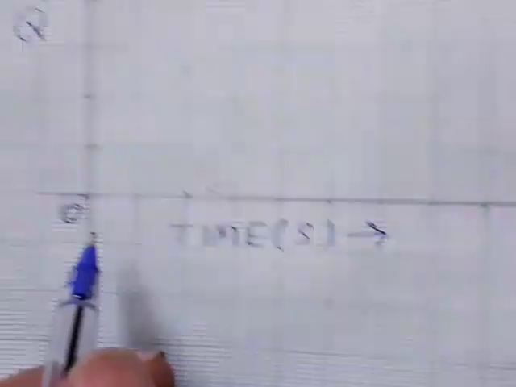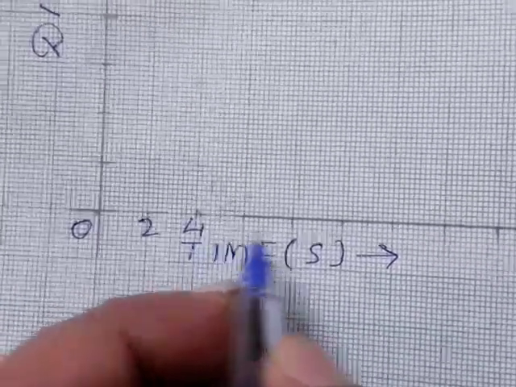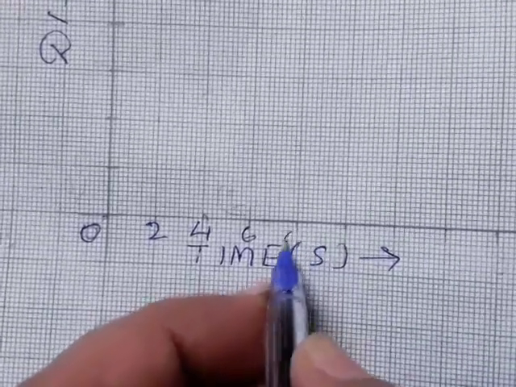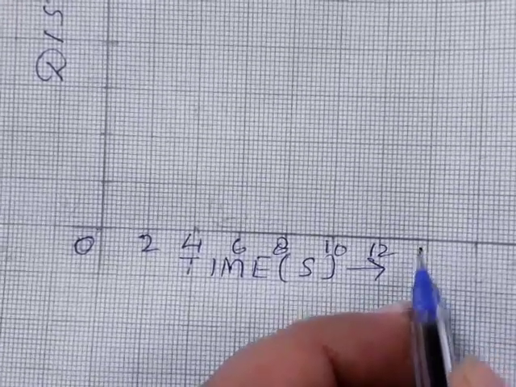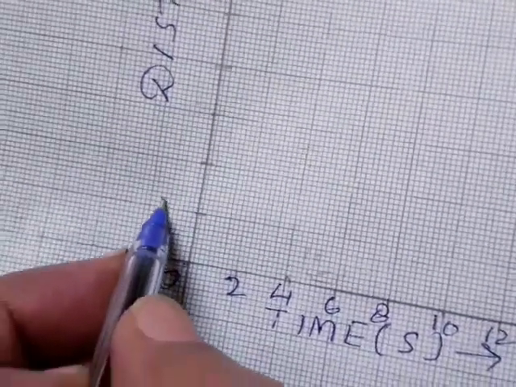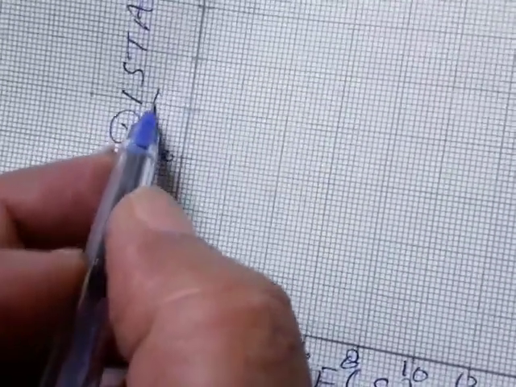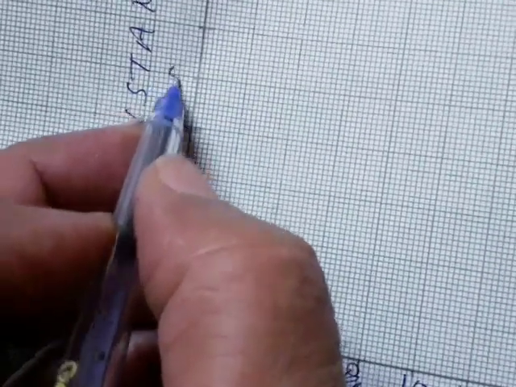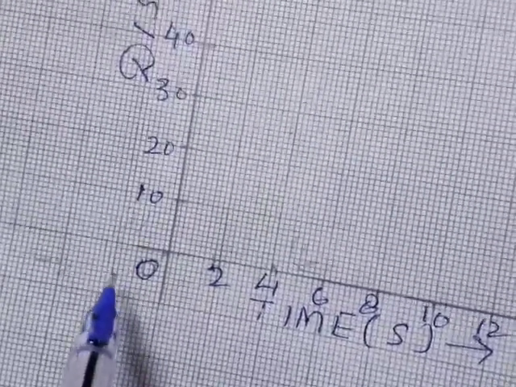So we will take here 0, then 2, 4, 6, 8, 10, 12, 14, 16, etc. Now here we will represent 0, 10, 20, 30, 40, 50, 60, 70, etc.